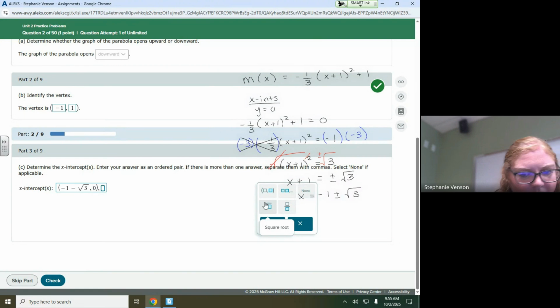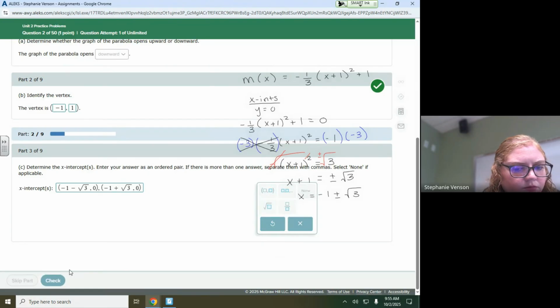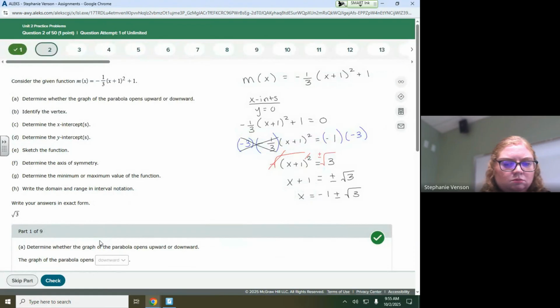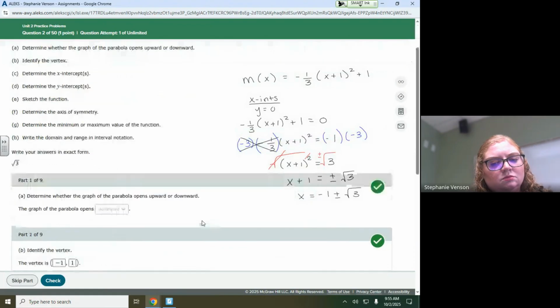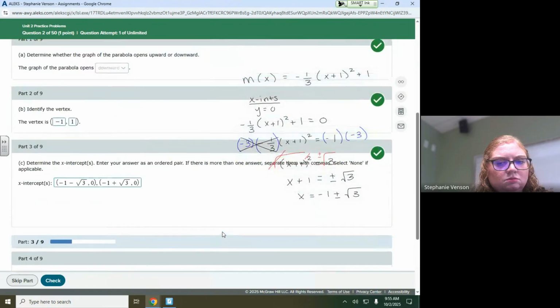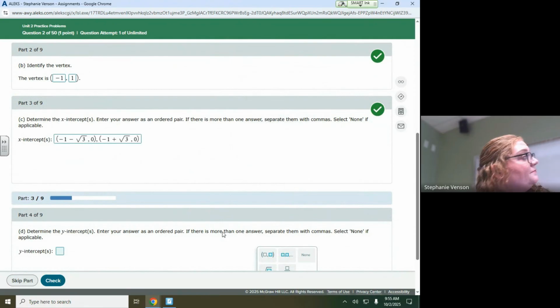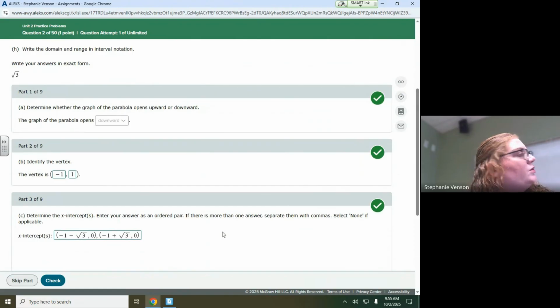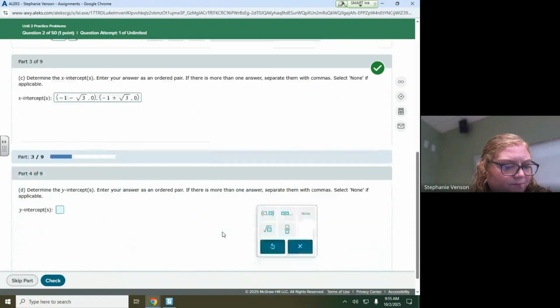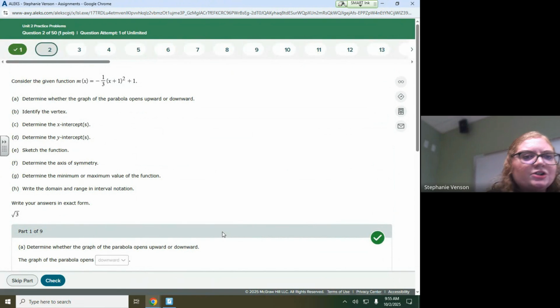And the second one is negative 1 plus the square root of 3, comma, 0. Okay, x-intercepts are done. How we doing? Good. Next up is y-intercept.